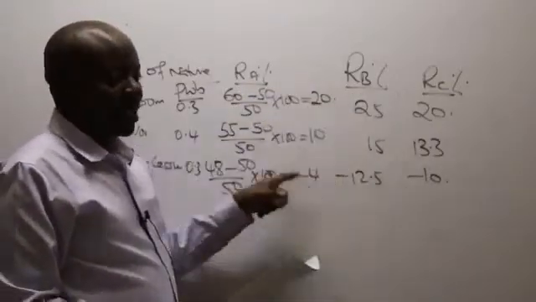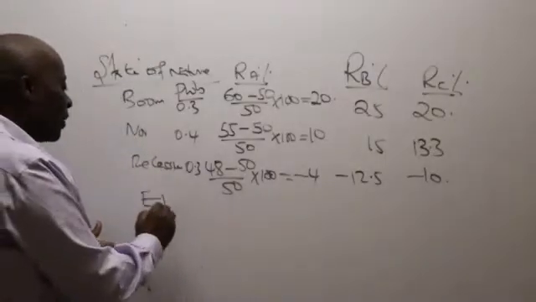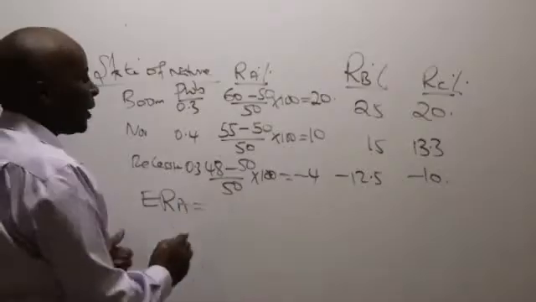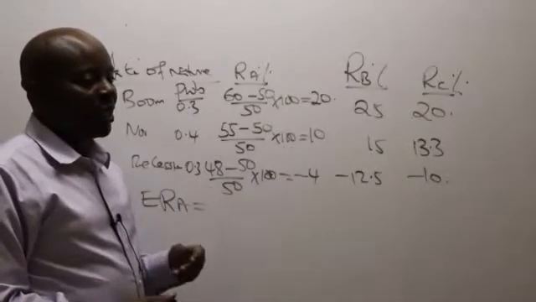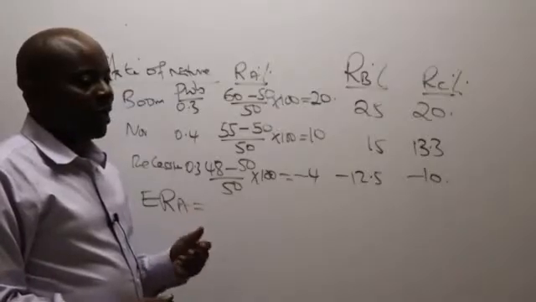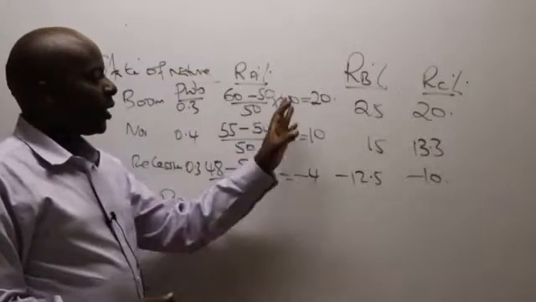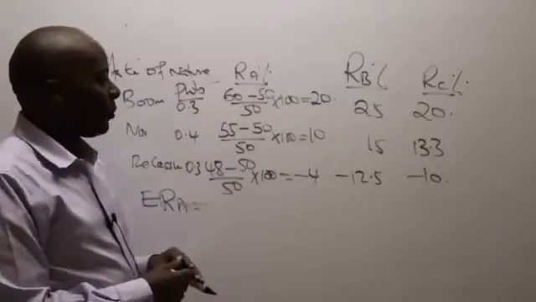Now, having these probabilities versus the returns, a good student will tell you the next thing is to get expected returns. So could you kindly give me the expected returns of A? What shall we do to get it? You take the returns of A and multiply them with their corresponding probabilities.